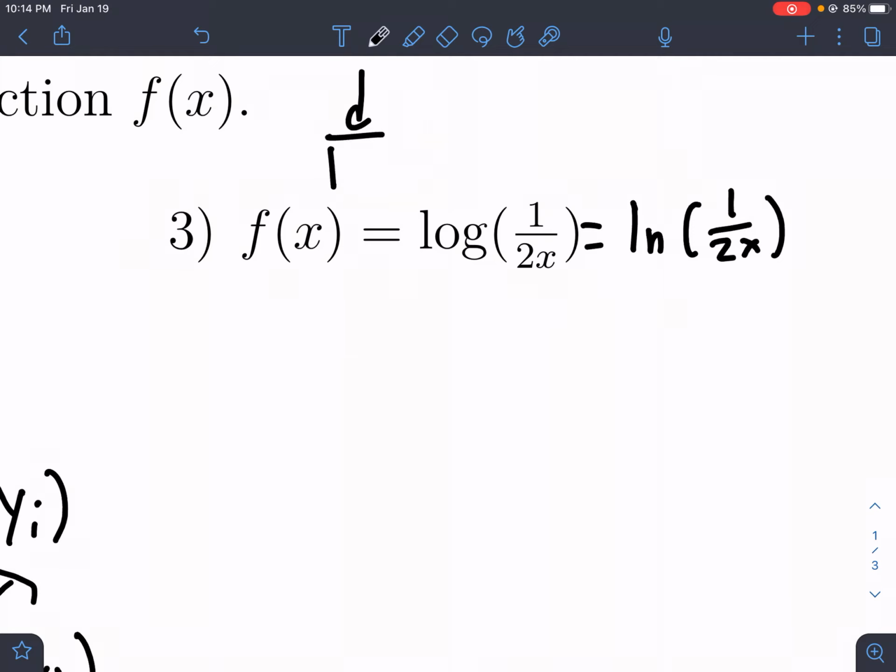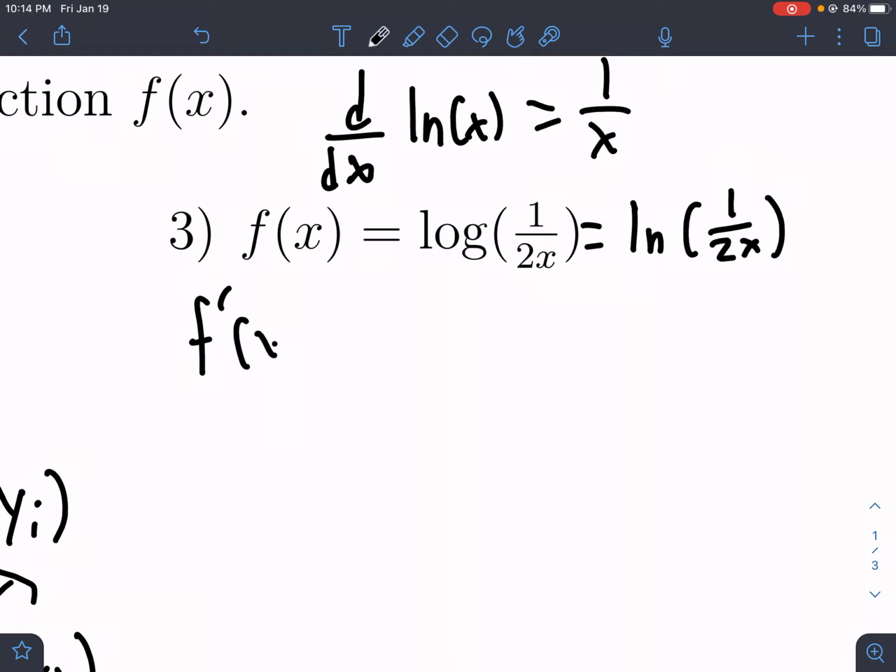So I'll write this out: d dx of ln x equals 1 over x. So what we're going to do here is the exact same thing. f prime of x equals 1 over 2x, because this is the inside right here. And then, of course, we need to apply the chain rule.